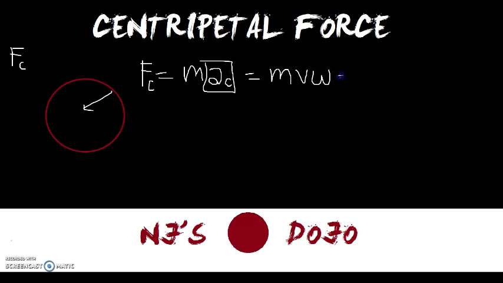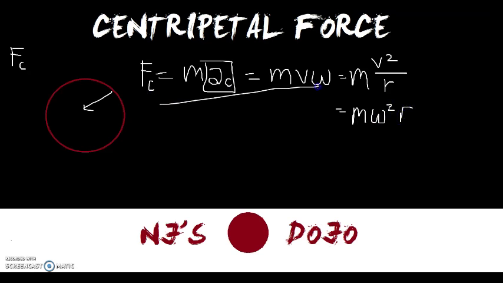And because of this, we can also derive it as mass multiplied by v squared over radius as we continue to substitute different variables into the equation. And from this, we can also manipulate it as mass multiplied by angular velocity squared multiplied by the radius. And these equations can work accordingly in order to find different components of the circular motion.